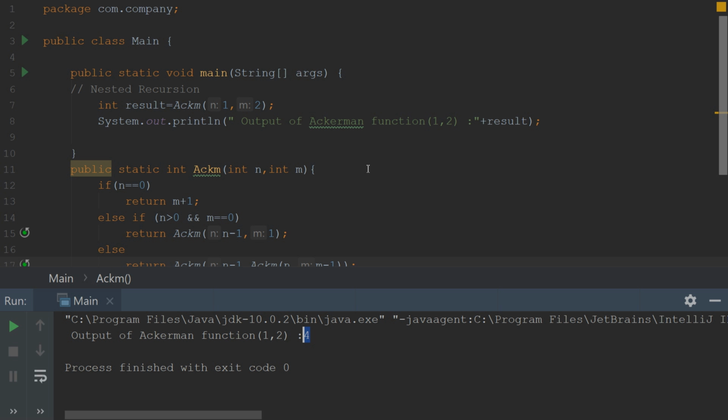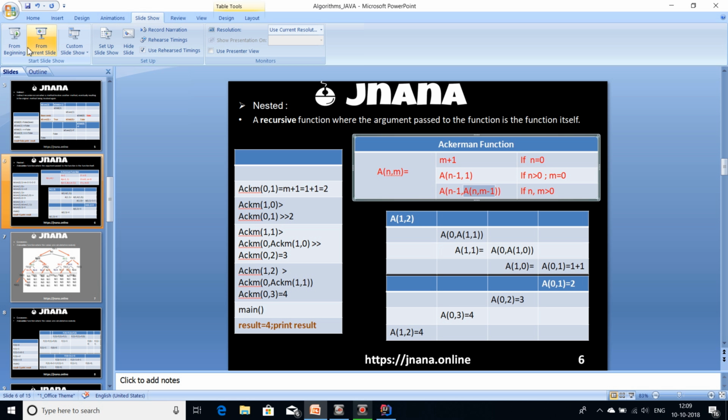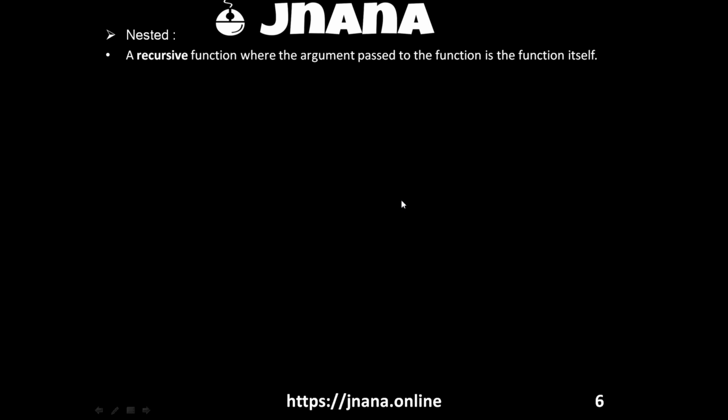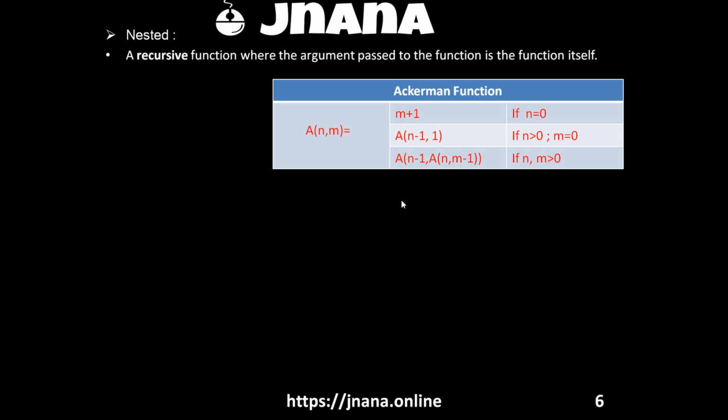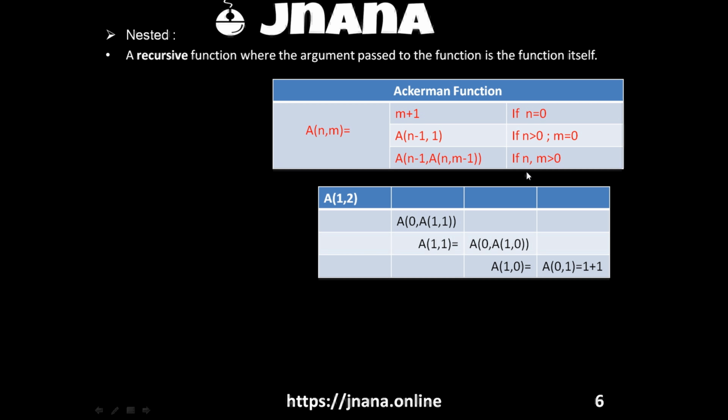So now we will go back to the PPT. So this is the definition of the method. So now we are calling a of 1 comma 2. When a of 1 comma 2, here n is greater than 0 and m is greater than 0. N is 1, m is 2.